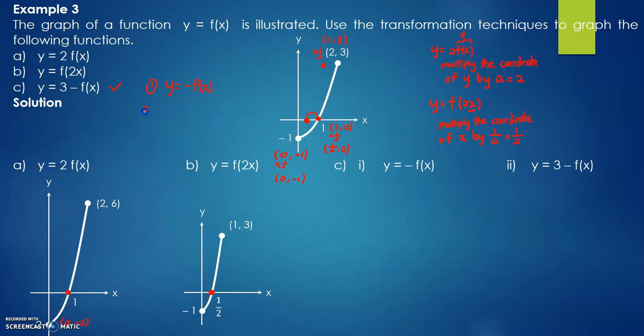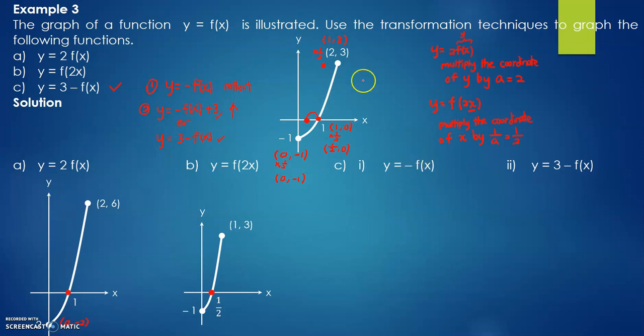And then for the second part, here is actually positive 3. So it's plus 3, which means that the graph will move up for 3 units. This one will reflect on the x-axis. Next, it will move up for 3 units. So actually I can write it in the form of 3 minus f(x). Both of these are the same. Only here I put 3 in front, here 3 at the back.